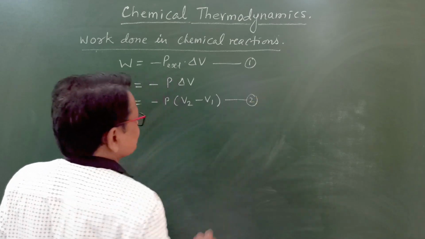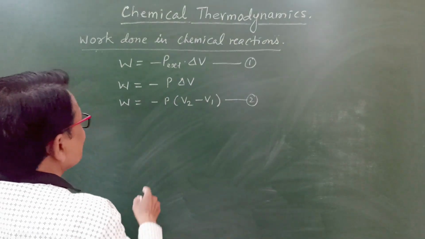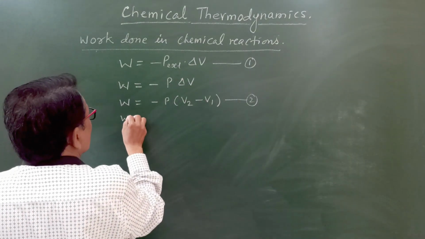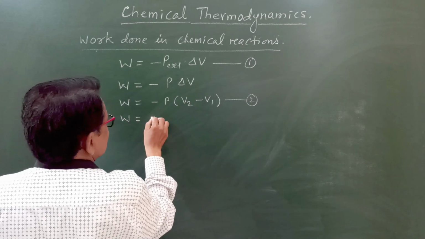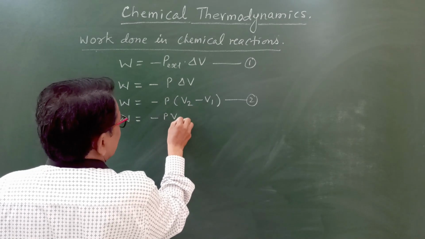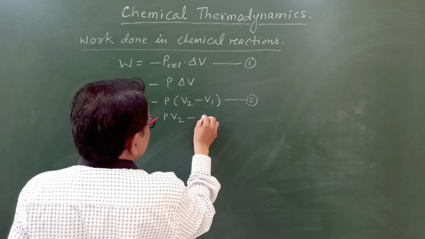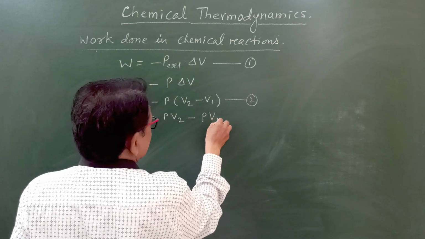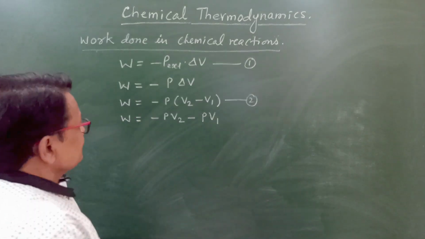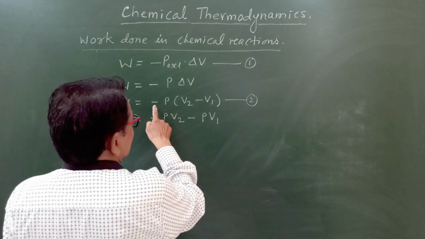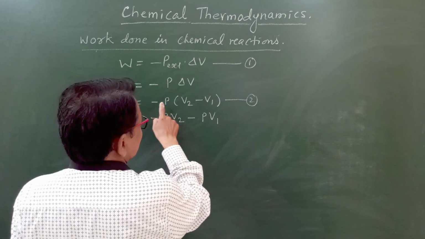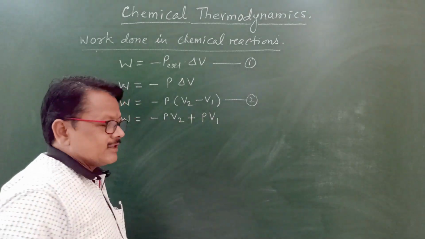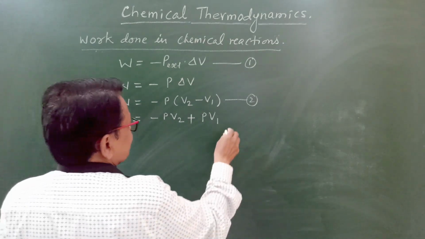This is equation number 2. Then W is equal to minus P(V2 minus V1), that is minus (PV2 minus PV1). Here there is a minus sign outside the bracket, so minus minus will be plus. Suppose this is equation number 3.